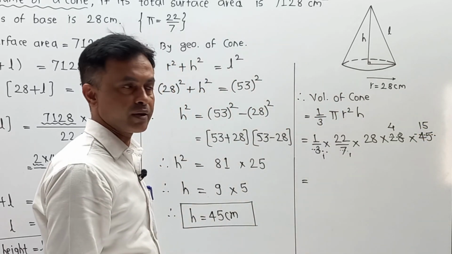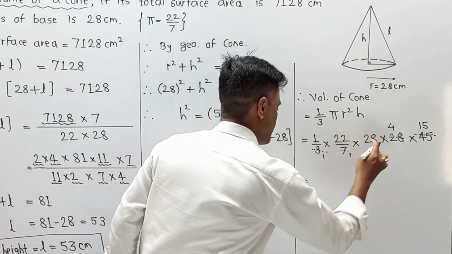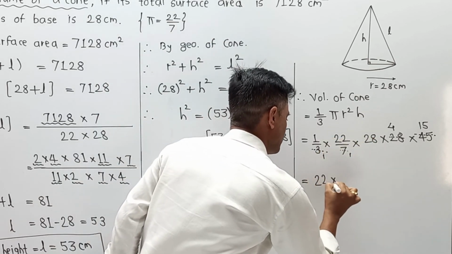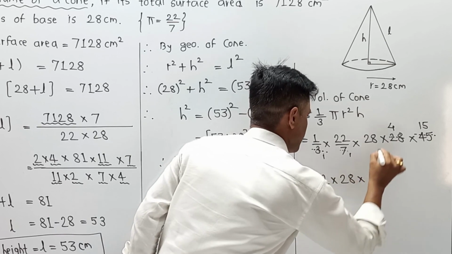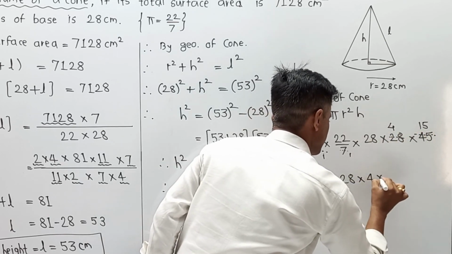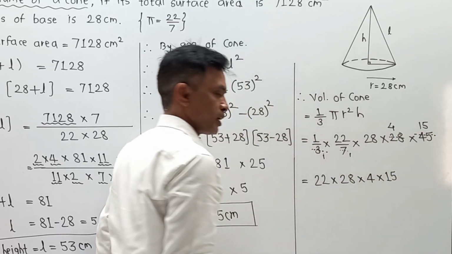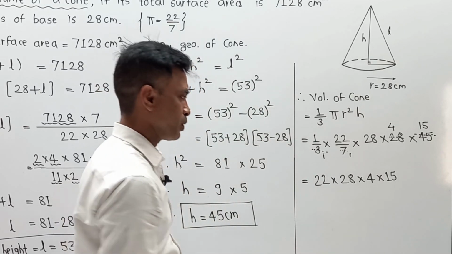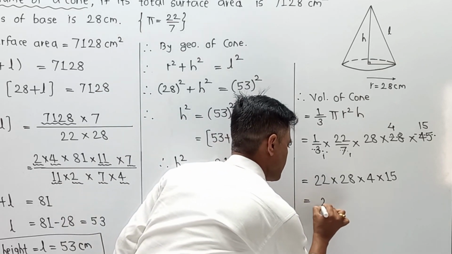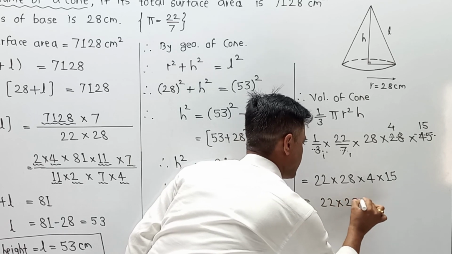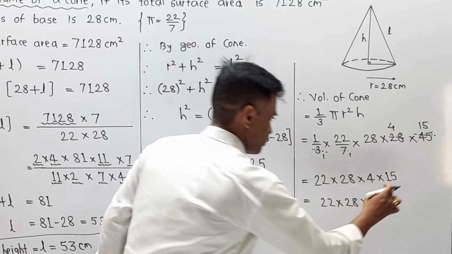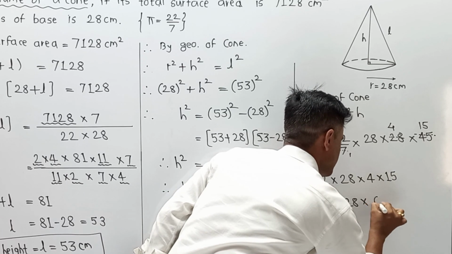Your entire evaluation remains 22 into 28 into 4 into 15. Once again I am going to give a hint or trick here. 15 into 4 means 60.